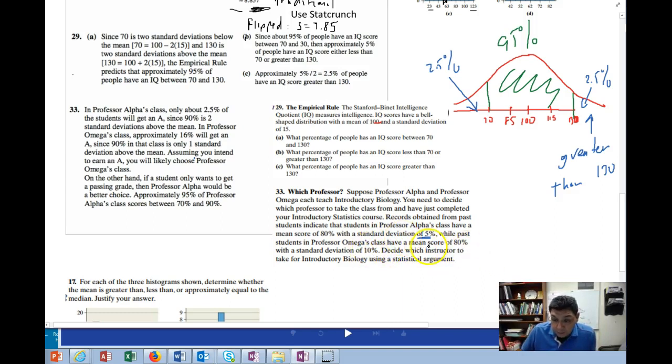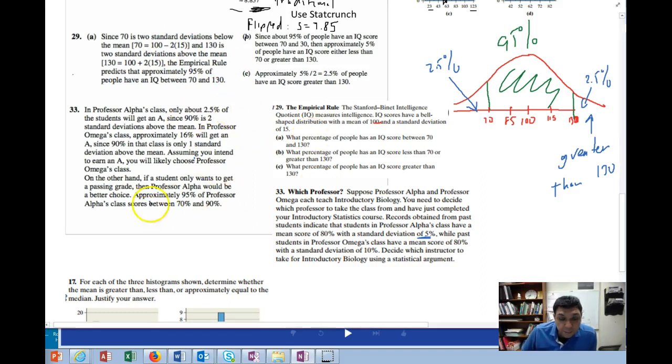So the 5 indicates more people are closer to the mean. I'm using the standard deviation to make that distinction.